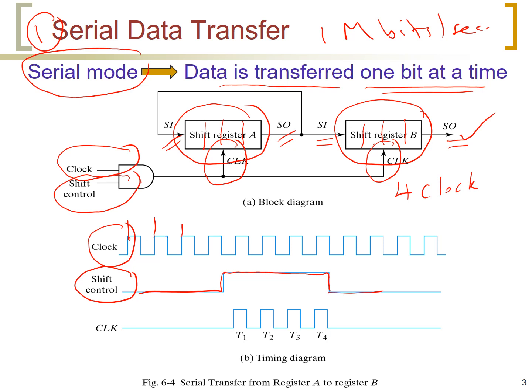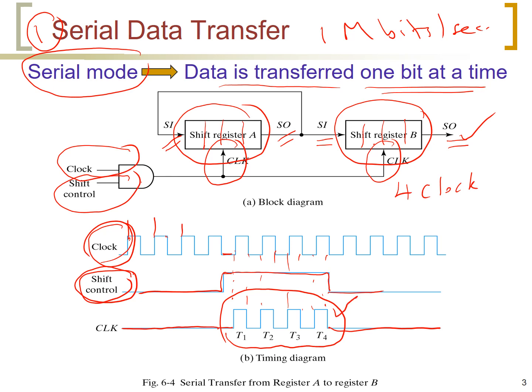So if we AND the shift control with the clock pulse, we will have 0 everywhere here, and then this is 0 multiplied by 0 here, and then it will pass to us 4 clock pulses, which is this one here, and this one here, and this the third one, and this is the fourth one, and it will continue 0 otherwise. So these are called timing signals, T1, T2, T3, T4. And at these 4 timing signals, the shift registers will make the shifts.